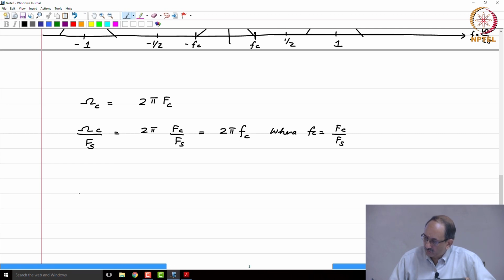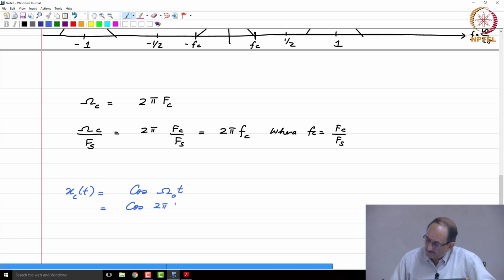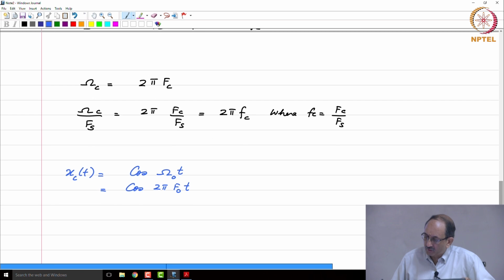And just to illustrate this with a sinusoid, if you had x c of t, which is cos omega naught t, this in turn is cos 2 pi cap F naught t, because cap omega naught is 2 pi times cap F naught.